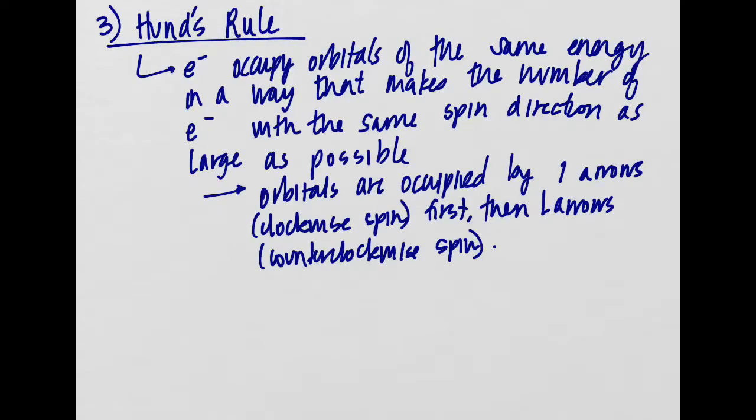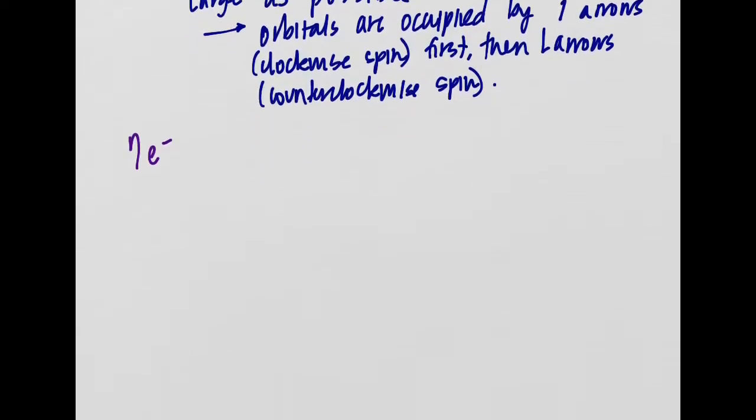So the easiest way to understand this is to look at some examples. So I have an atom with 7 electrons. I want to know how I'm going to draw my electron configuration diagram.